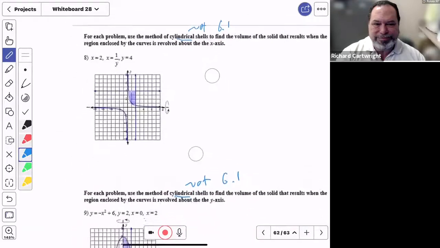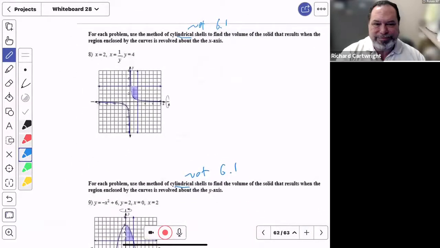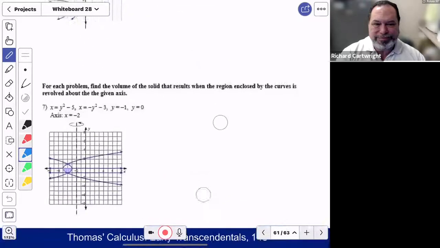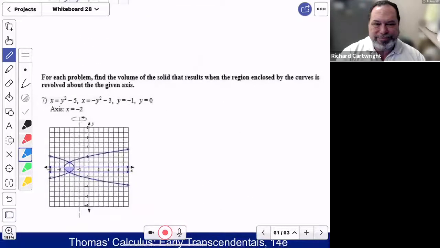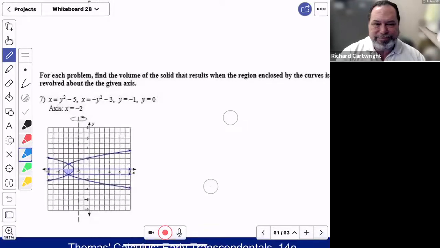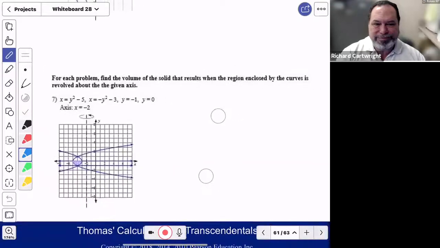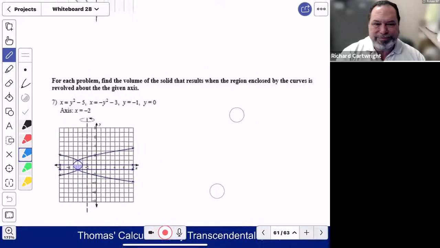So typical years, I never teach it because the college let me get away with teaching everything AP-ish and just making sure that I made students accountable for the textbook material. But I don't think I ever made them do it. So there's only 7 problems that are not cylindrical shells.